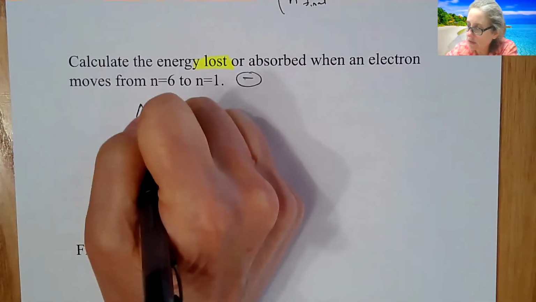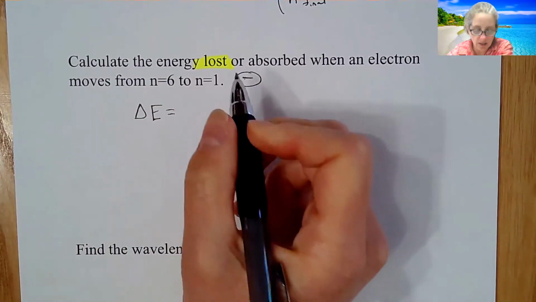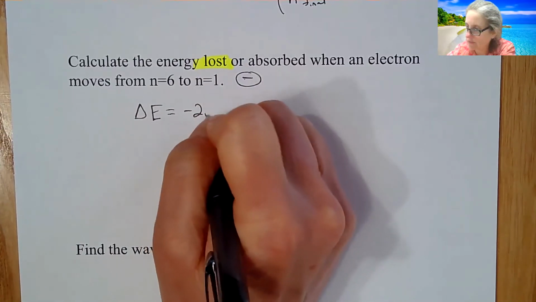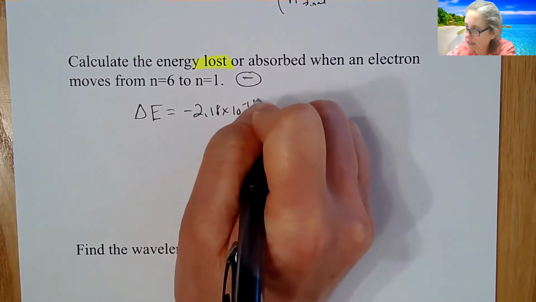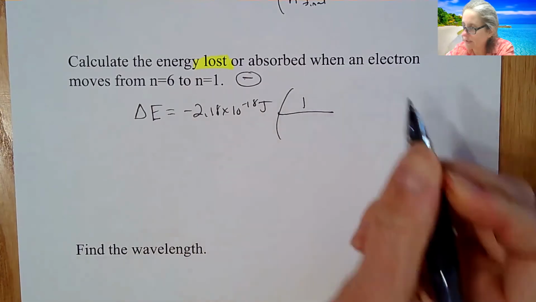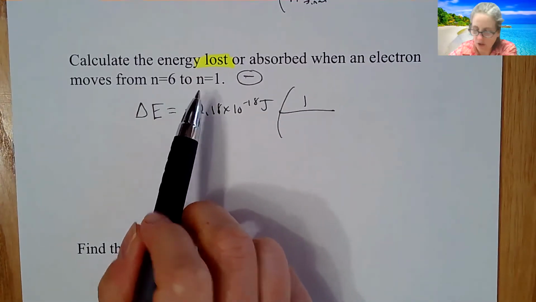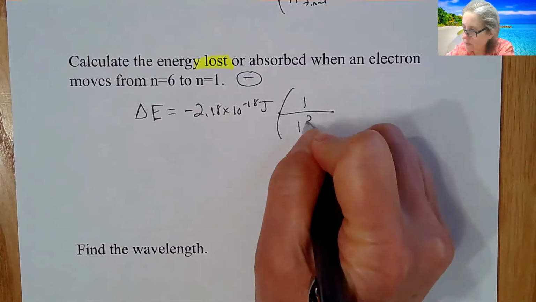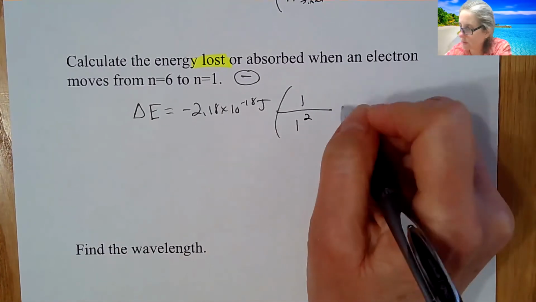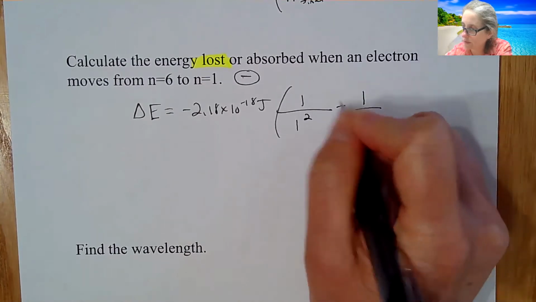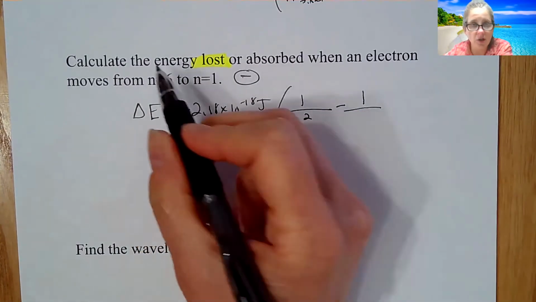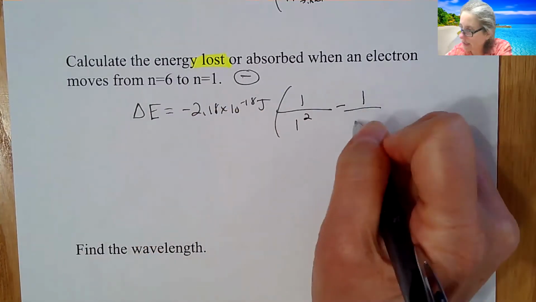So let's do the calculation. The change in energy is going to be equal to negative 2.18 times 10 to the negative 18 joule, and it's going to be 1 over, so where does it end? It's going to end in energy level 1. So that's what you put here. So it's 1 over 1 squared minus 1 over, where does it start? Energy level 6.